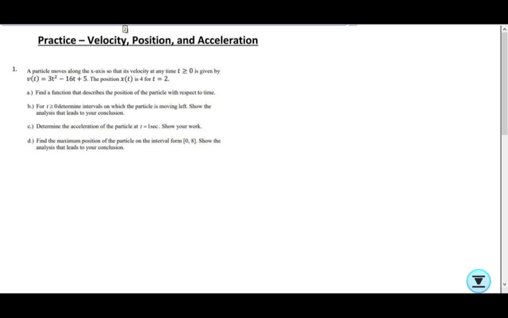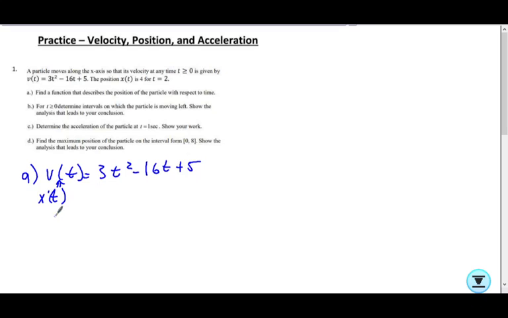Now, they gave us velocity, and they said that position is going to be located at 4 when the time equals 2. So we need to find our position equation. Well, they gave us velocity. So v of t is 3t squared minus 16t plus 5. x prime of t is v of t.